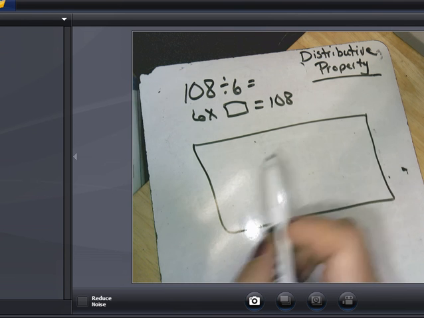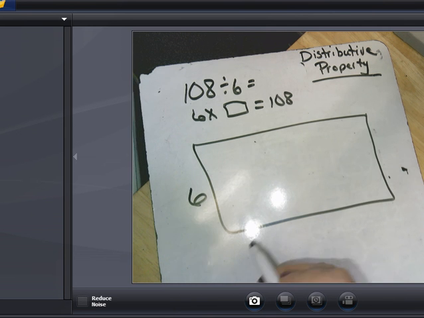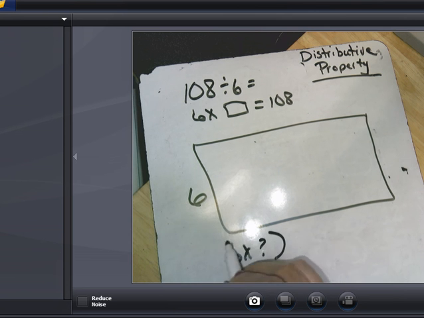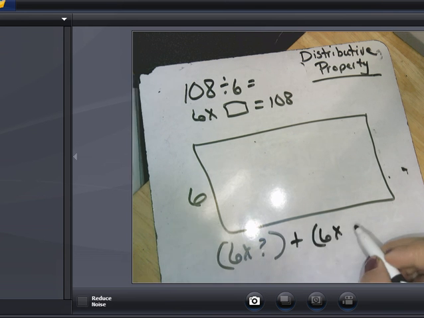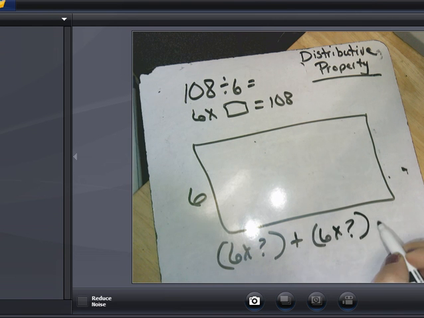I'm going to put the 6 here. And now I'm going to do my distributive property down here. So I have 6 times something plus 6 times something is going to equal 108.